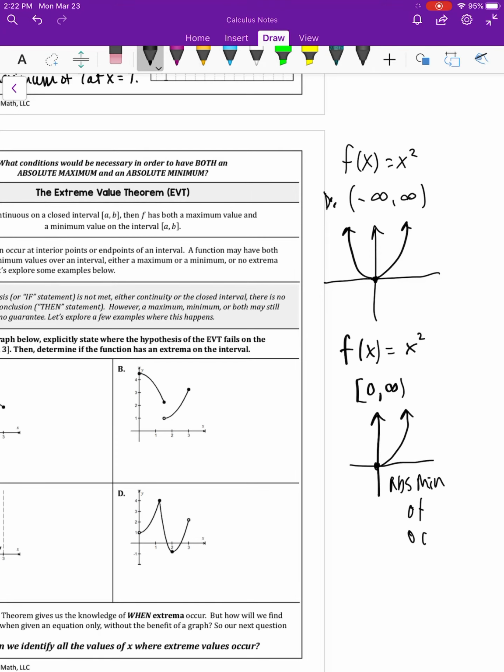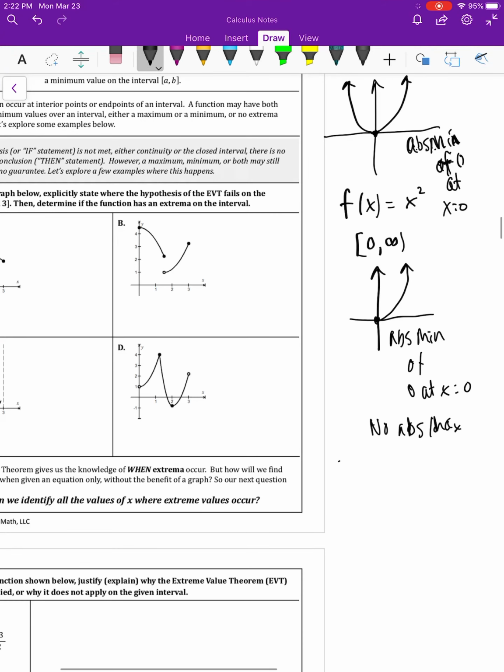So this does have an absolute min of 0 at x equals 0, but no absolute max. This one only had an absolute min of 0 at x equals 0. Sorry, this is supposed to say 0 at x equals 0, absolute min.